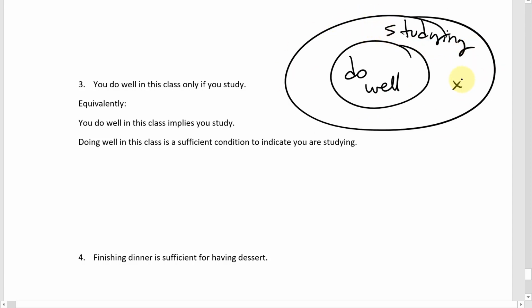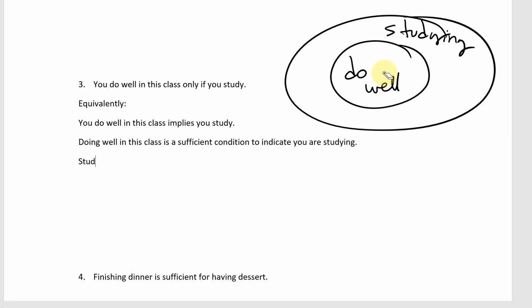Of course, somebody might be studying and not doing well, right? But if you are doing well, then we know that you're studying. And so doing well implies that you're studying, or doing well is sufficient to indicate that you're studying. And of course, you could say studying is necessary for doing well in this class.